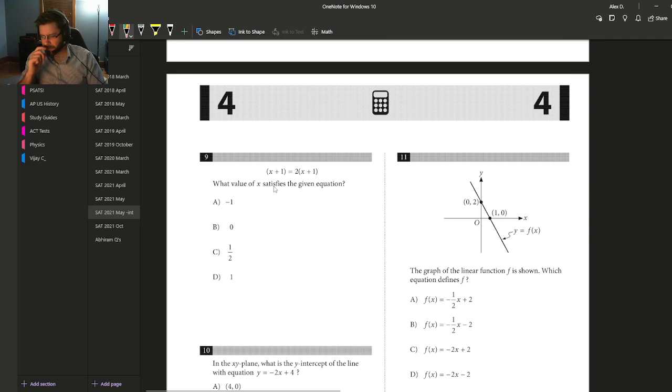X satisfies the given equation, so you've got an x plus 1 and x plus 1, cancel them out, you get 1 equals 2? Well, that's not true. Try again. Just do this the hack way. X plus 1 equals 2x plus 2.